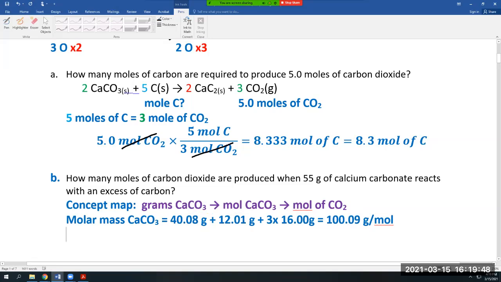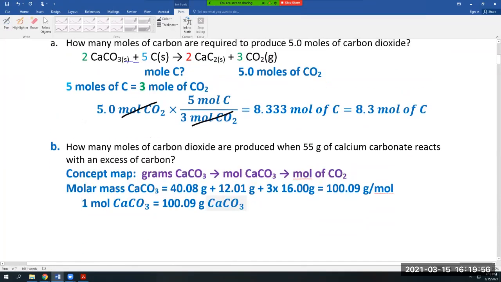Because it's grams per mole, which means 1 mole of CaCO3 is equal to 100.09 grams of CaCO3, right? Mathematically, you can rewrite the molar mass this way. And it shows you how you can use it as a conversion factor when it's written as an equality like this. So that will allow us to change grams of CaCO3 into moles of CaCO3.